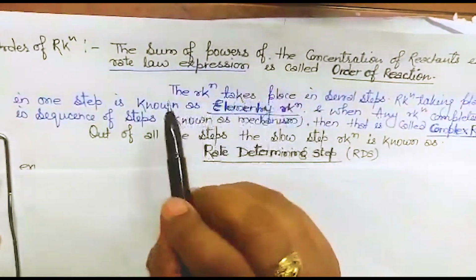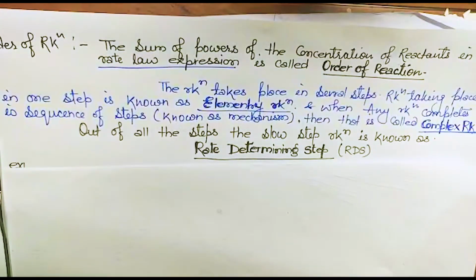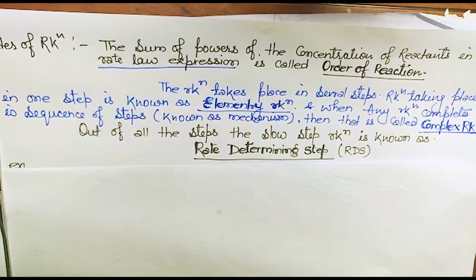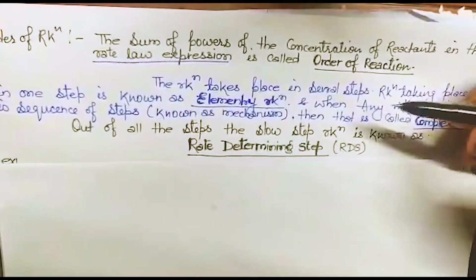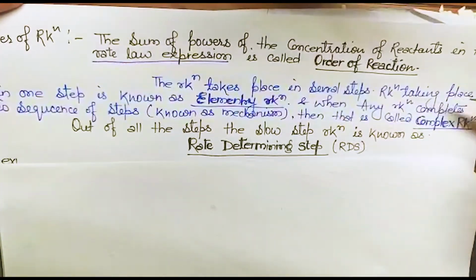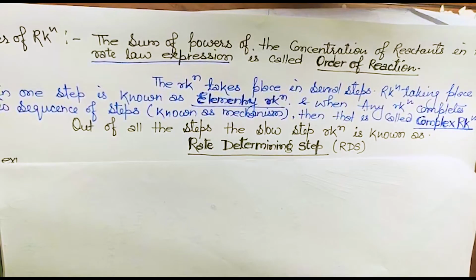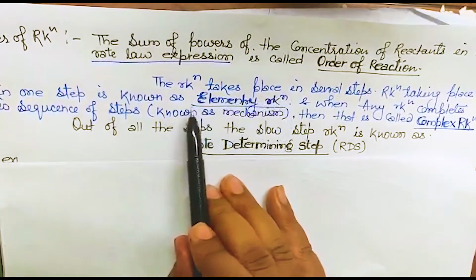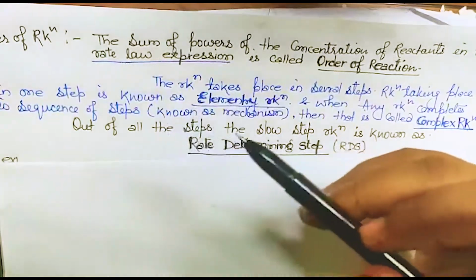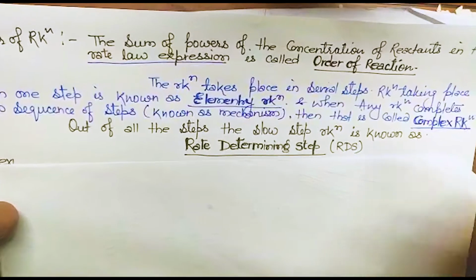Now, any reaction, whatever we see, that A changes into B, A changes into P, it seems that the reaction is occurring in a single step, but maximum like 98% of reactions take place in several steps. Reactions which take place in one step are called elementary reactions. But if it takes more than 2 or 3 steps, then it is called a complex reaction.